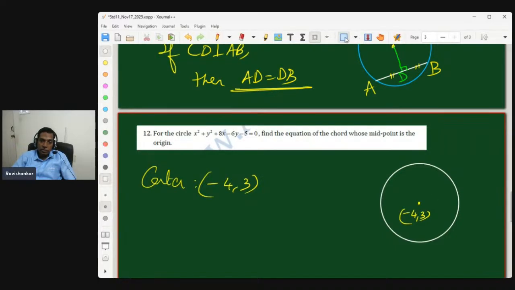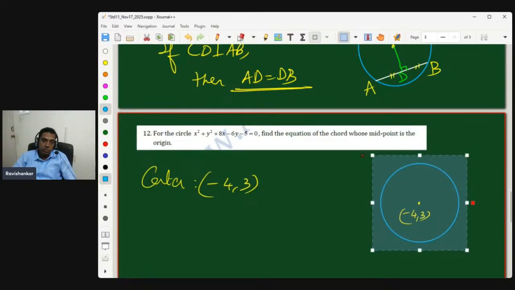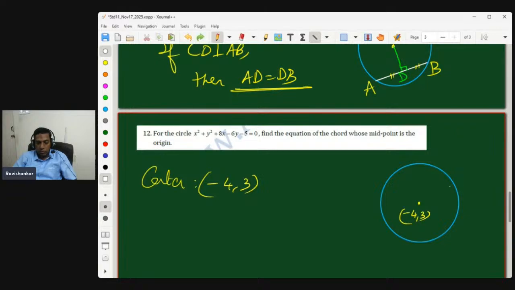So this is the origin and this is the center.